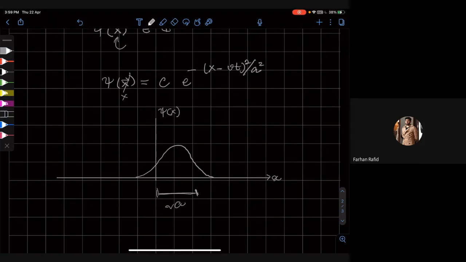Okay, of the order of a, and whose center is given by vt.